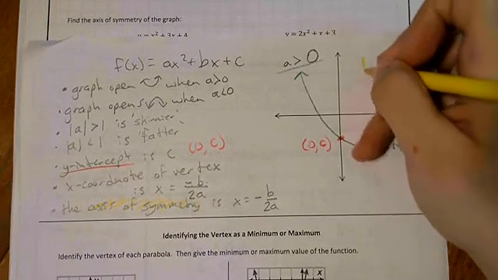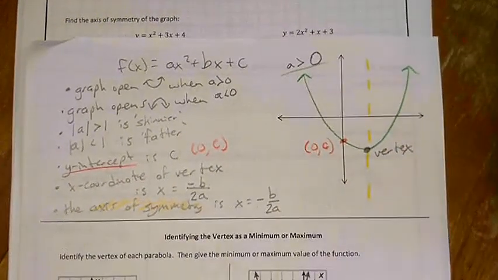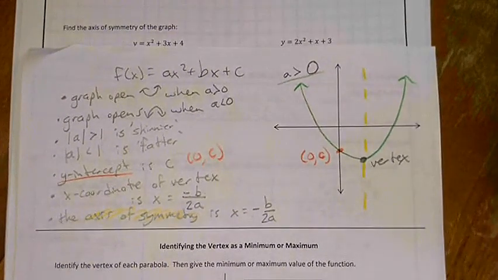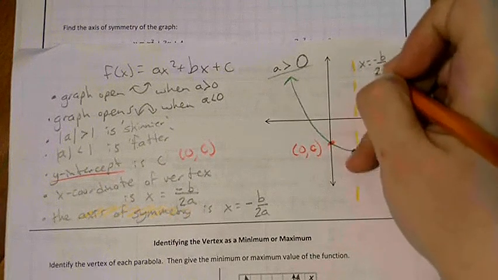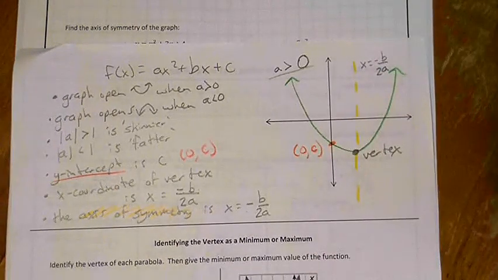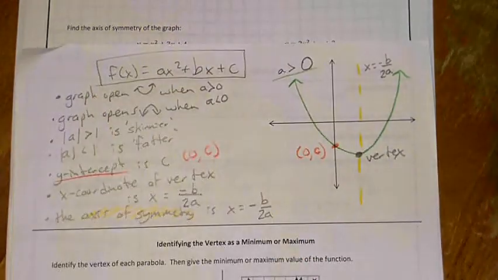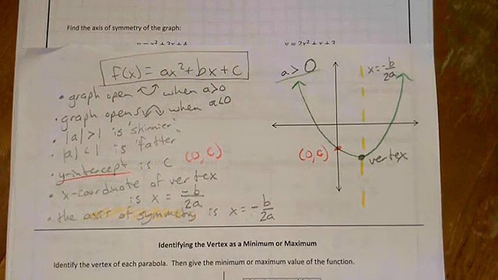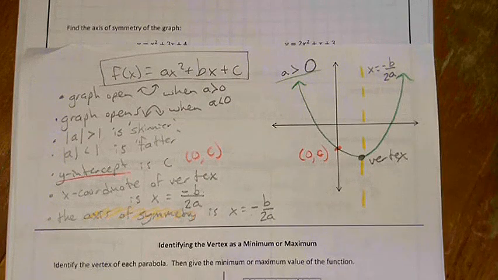So it's something like that. That's my axis of symmetry. And what's really important about that one is that the line is determined by x equals negative b divided by 2a. So that's why this standard form of a quadratic is really, really handy, because we don't even have to graph it in order to find the axis of symmetry, which is pretty cool.